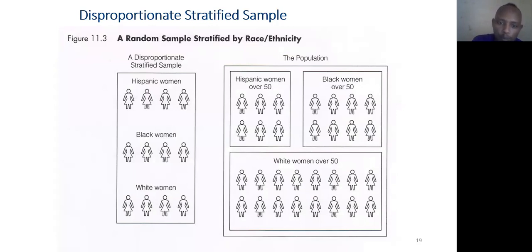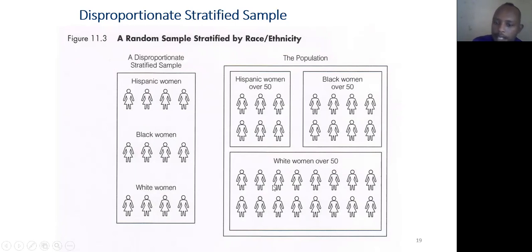For example, here we have 30 women whose age is greater than 50. And if we categorize them like this, for example, Hispanic women here, black women, and white women. This is one stratum. This is also another stratum.